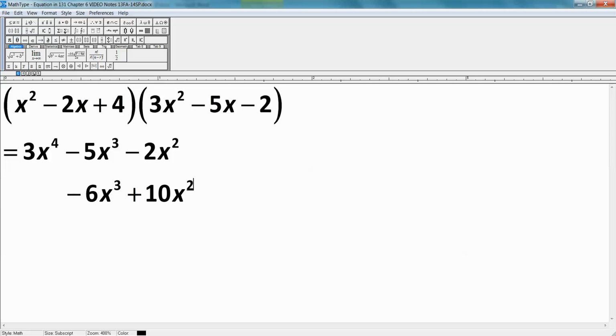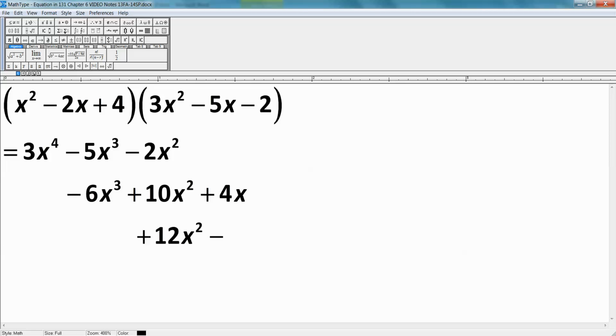So these two line up. And then I have a minus 2x times a minus 2. That's plus 4x. All right, now the next one starts at 12x squared because 4 times 3 is 12. So I'm going to put plus 12x squared right here. And a 4 times a minus 5 is minus 20x.